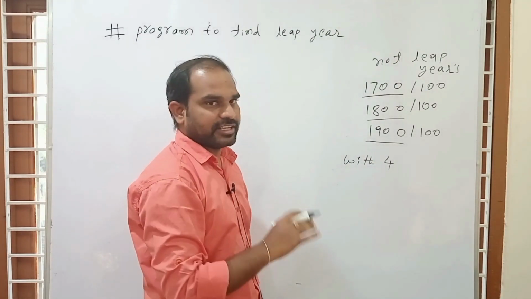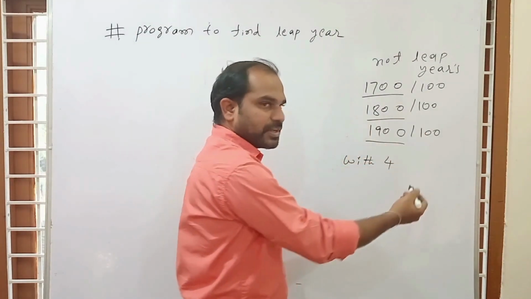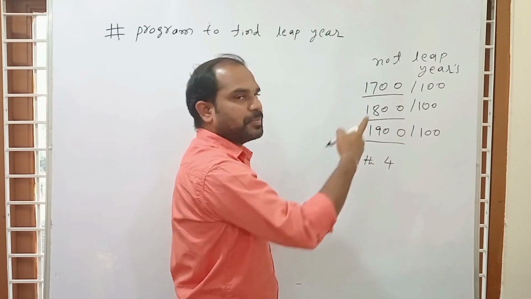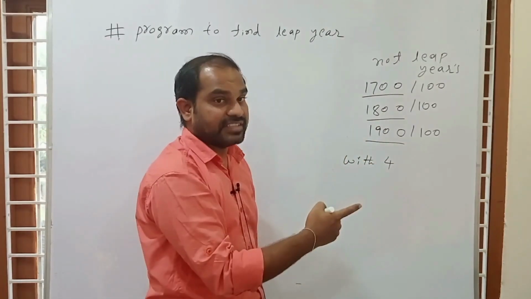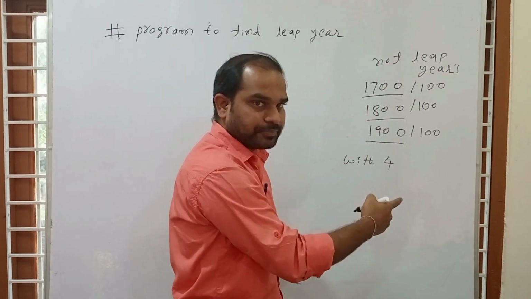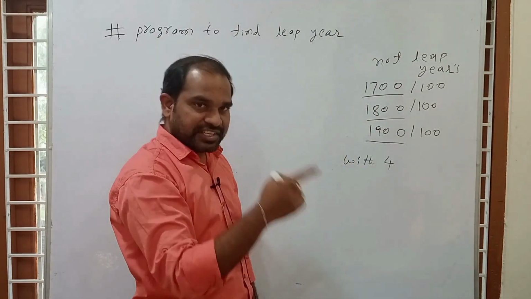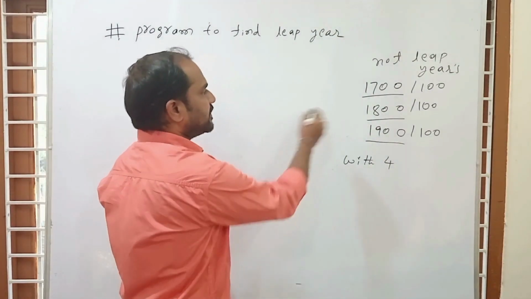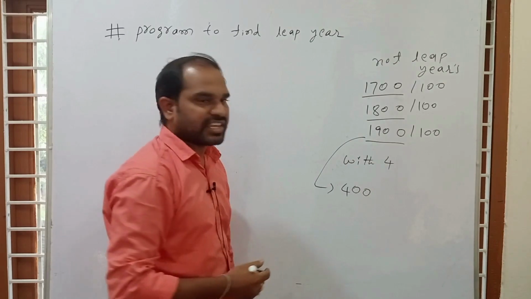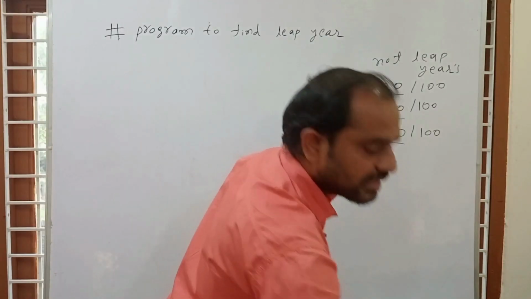So the next step: it is divisible by 4, and we have to check whether that year is a century year or not. If a century year is to be a leap year, it should compulsorily be divisible by 400. Then only we can say that year is a leap year.